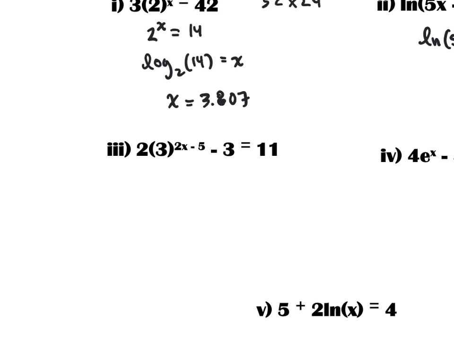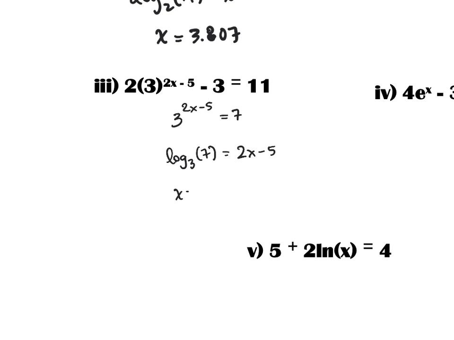Okay, let's solve this. Let's add 3 and divide by 2. If I add 3, I get 14, and divide by 2, I get 7. So 3 to the 2x minus 5 is equal to 7. Now, this is kind of sloppy looking right now, and base 3 and 7 don't really tie together very well. So I'm going to do log base 3 of 7 and set it equal to the exponent 2x minus 5.